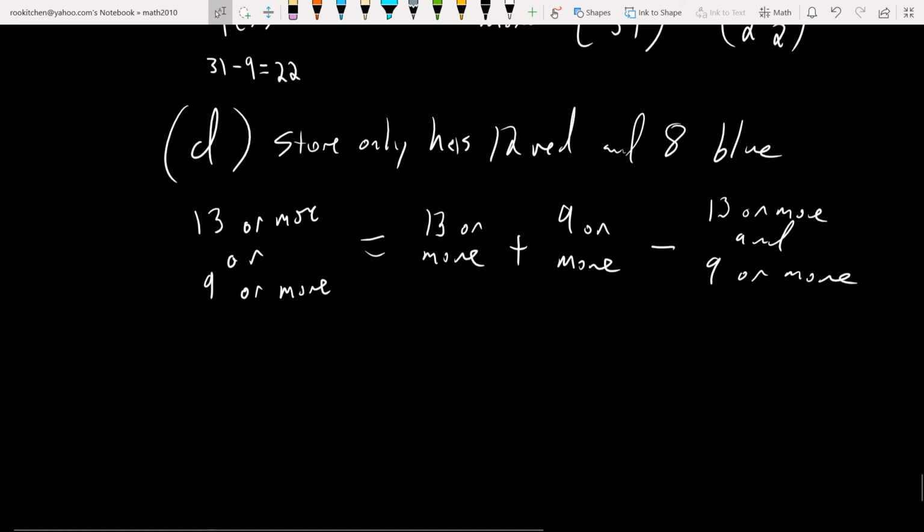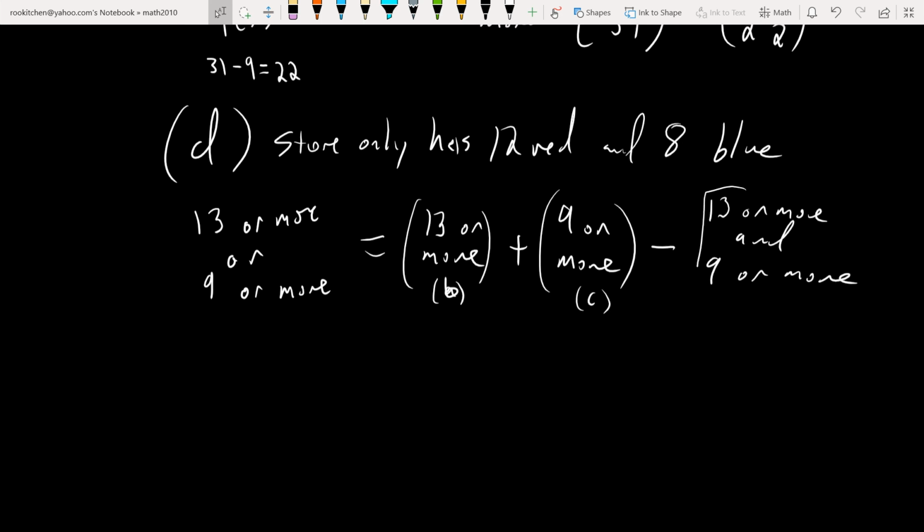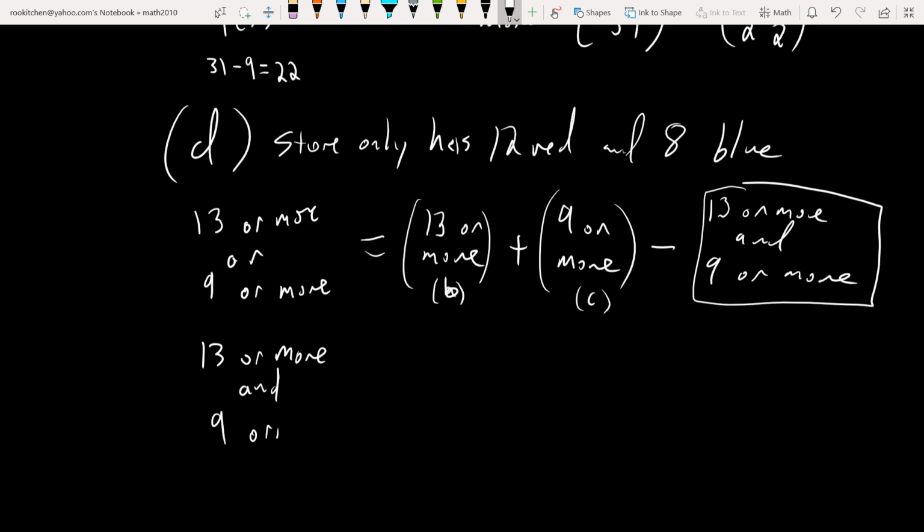So we know the first two from part B and part C. The thing we don't know is this 13 or more and 9 or more. But that turns out to be pretty simple. To figure that out, you're just going to throw away 22 of the X's.